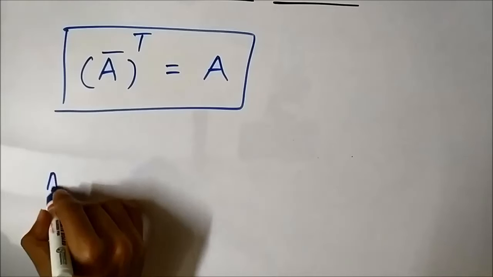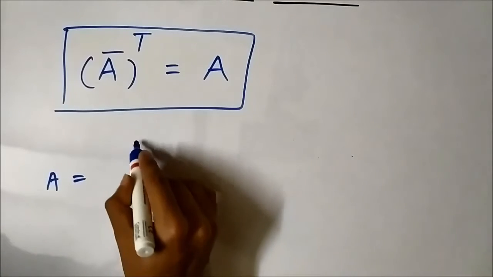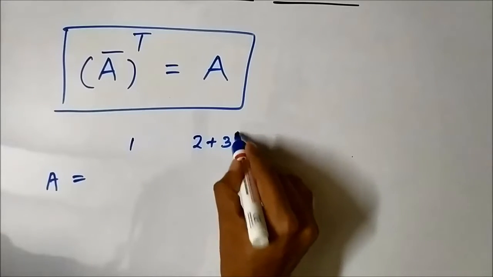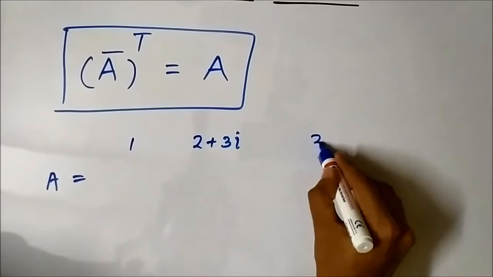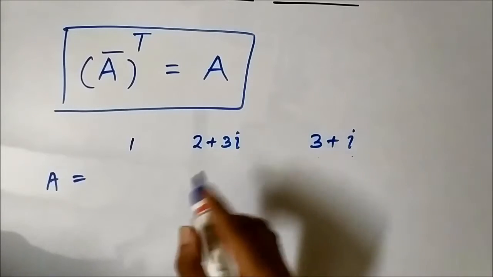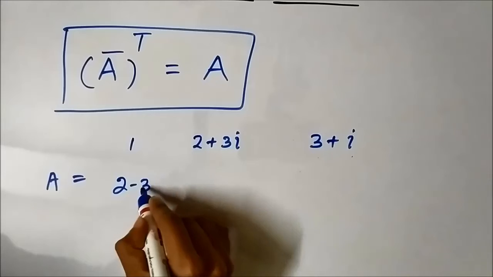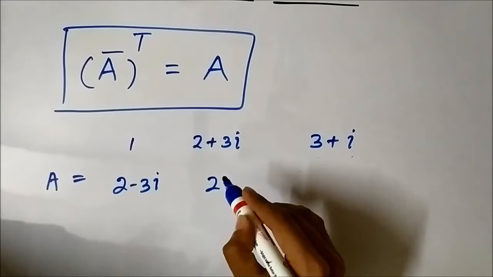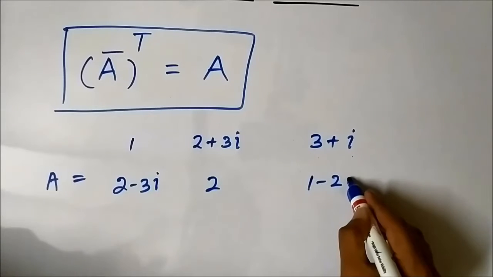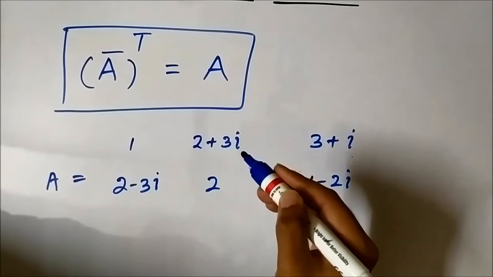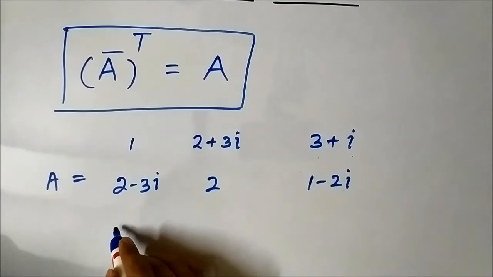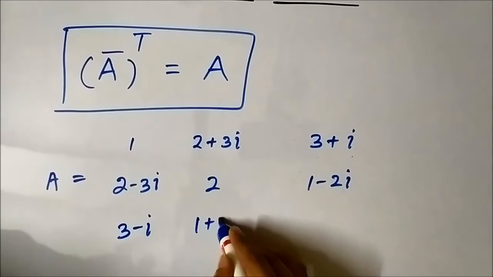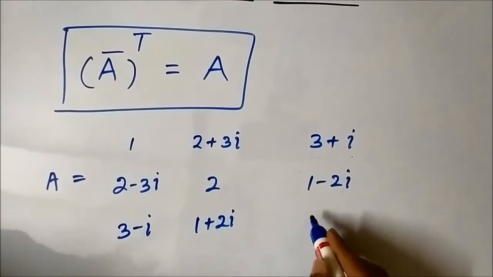Let us say we have a matrix A equal to: 1, 2 plus 3i, 3 plus i; 2 minus 3i, 2, 1 minus 2i; 3 minus i, 1 plus 2i, and 5.